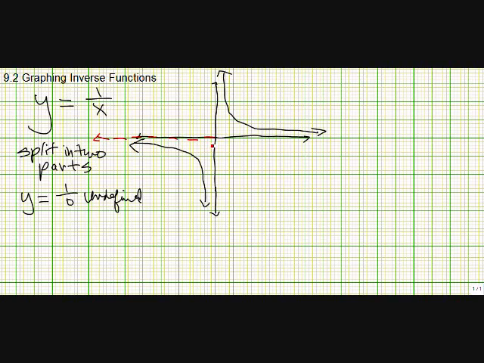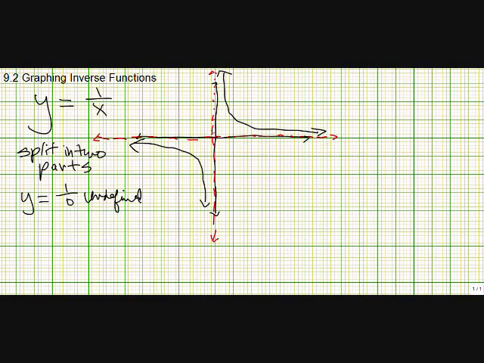Now, in the same quadrant, if you look at the right side of it, this graph will get closer and closer to the y-axis, but never go over it. So the same thing happens on the right side too. When x gets closer and closer to 0, the graph gets closer and closer to the y-axis, but never goes over it. When x gets bigger and bigger and bigger, the graph gets closer and closer to the x-axis and never goes over it. So those are asymptotes.